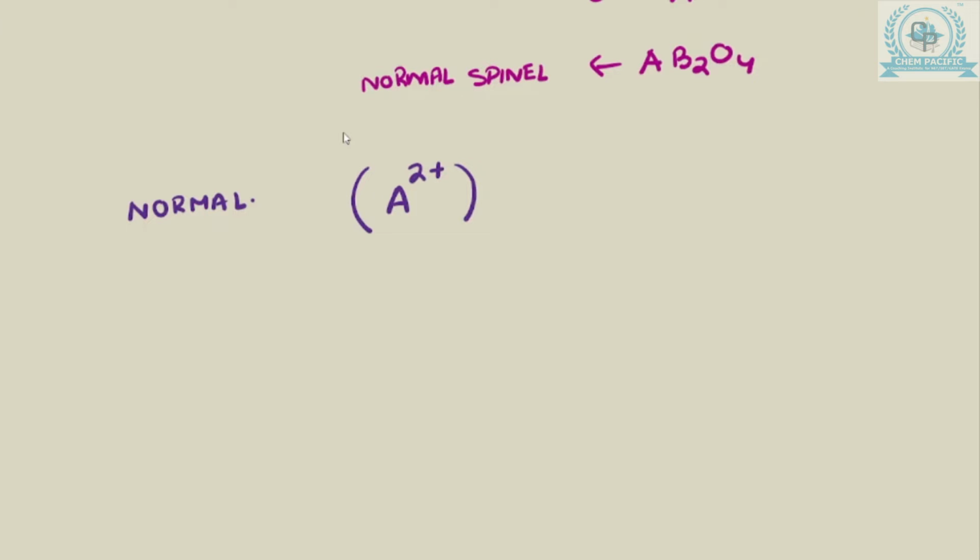The cation A2+, which has the low oxidation state, is occupying the tetrahedral voids, and B3+, which is two in number, is occupying the octahedral voids, along with the oxides. It results in the formation of the normal spinels. Clear?